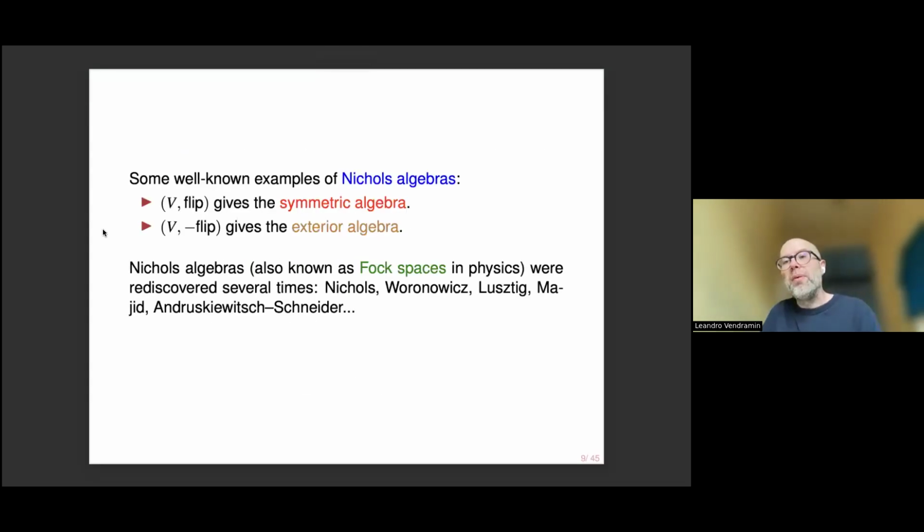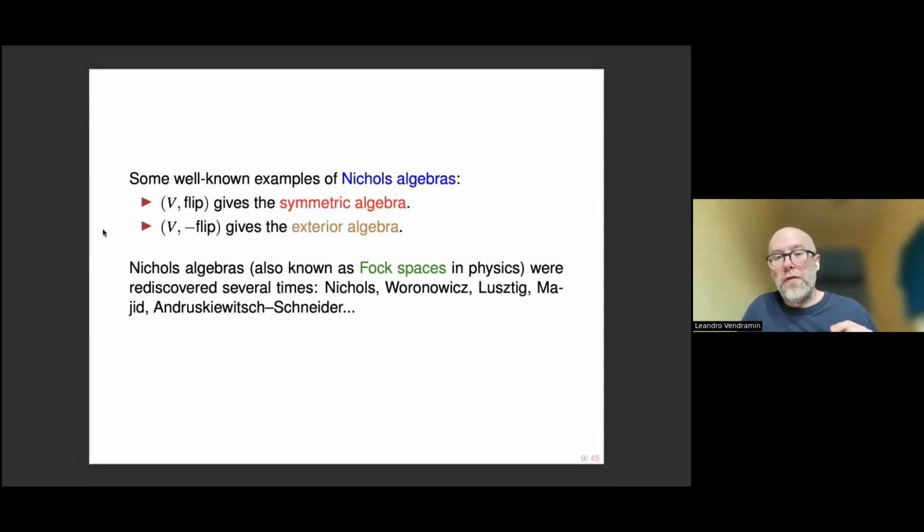Let me give you some examples of Nichols algebras. These are not crazy objects; they appear somehow in nature. The basic two examples that you should keep in mind are the symmetric algebra over any vector space V, which is realized as the Nichols algebra of the braided vector space V with the flip, just switching V tensor W into W tensor V. And if you put a minus on the flip, then you get the exterior algebra.